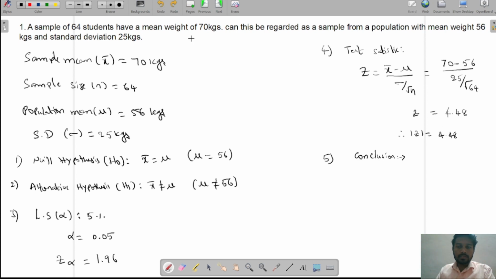So in these two, which value is bigger? Tell me. Modulus of z value is bigger than z alpha, yes or no? So modulus of z value is bigger than z alpha. So what is the conclusion here? If modulus of z is bigger, then what can you say about the given data? I'll just show you once. I mean working rule.